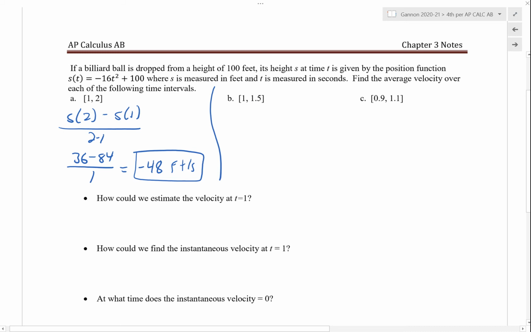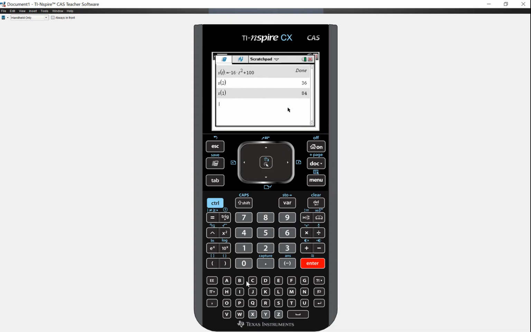So if the interval is 1 to 1.5, we have s of 1.5 minus s of 1 over 1.5 minus 1. I'm going to go back to the calculator to get at least the s of 1.5 value because we already know the s of 1 value. So on the calculator, because we stored the function, s parentheses 1.5, close the parentheses, enter, and we get 64.